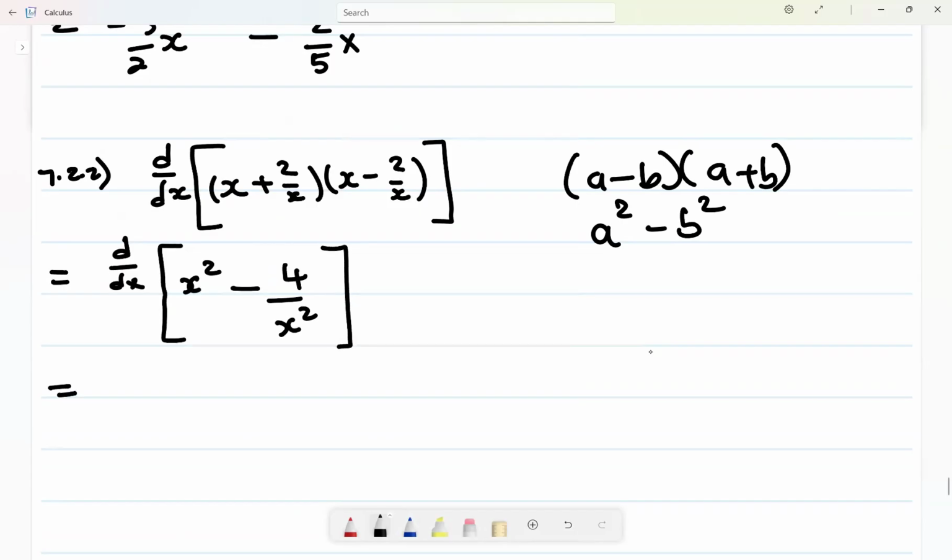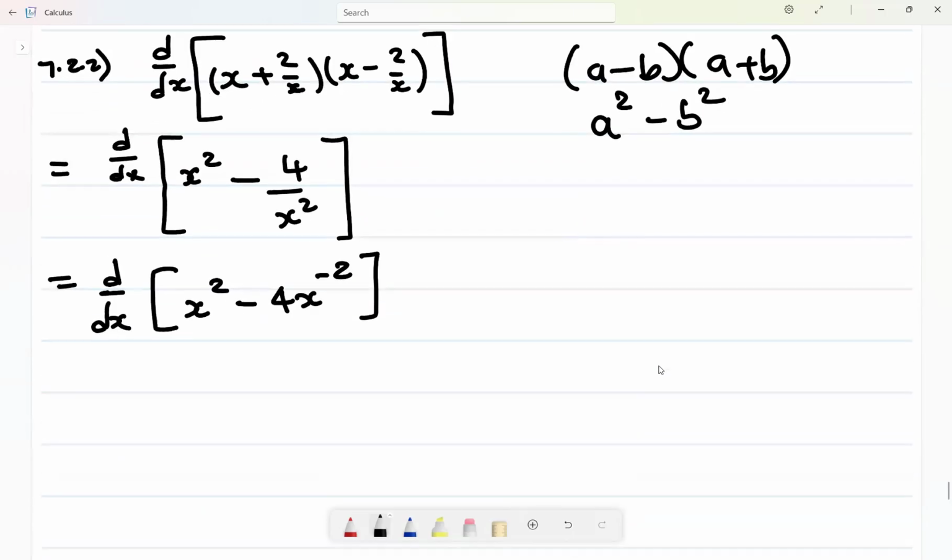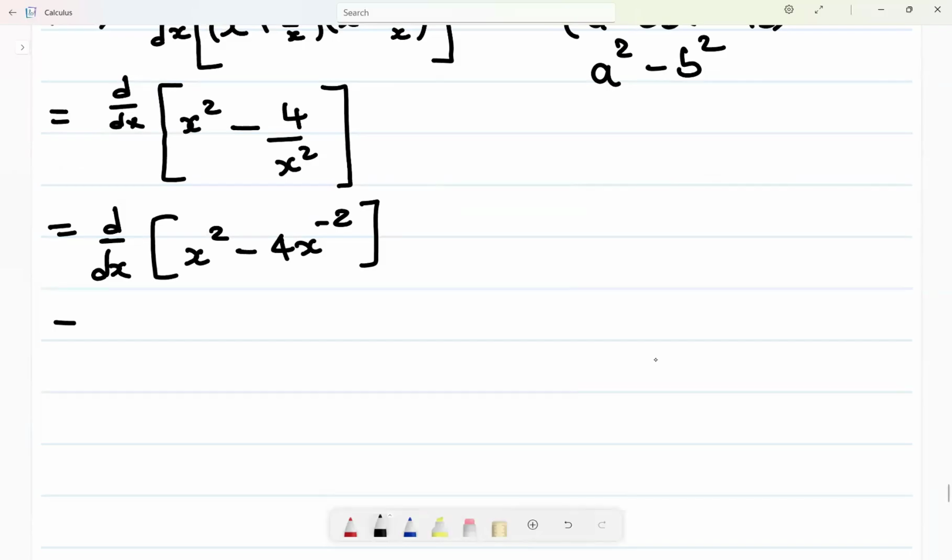Then can I simplify this? No. Why? Because I still have x squared at the denominator, right? And I do not want what I differentiate with respect to, which is x in this case, to be at the denominator. So let me simplify this to x squared minus 4. This x, when it goes at the top, is going to be minus 2, like that. Then am I in a position of differentiating? Yes. So now I remove this d dx, right?